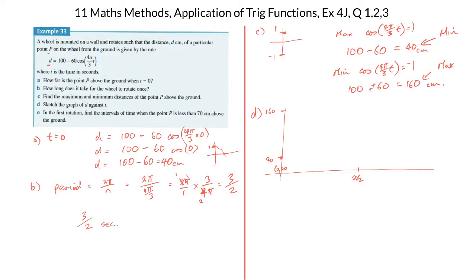So if I think of it that way, midway between 160 and 40, so 160 plus 40 is 200, divided by 2 is 100. So 100 is our midway.